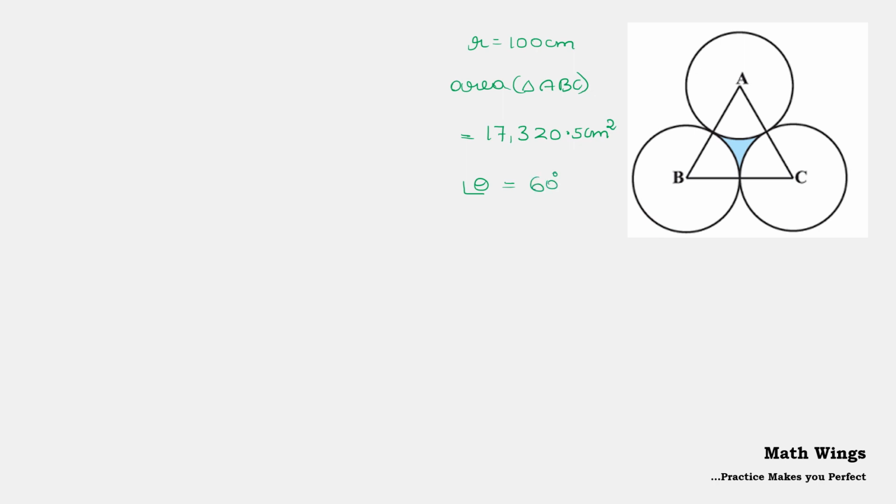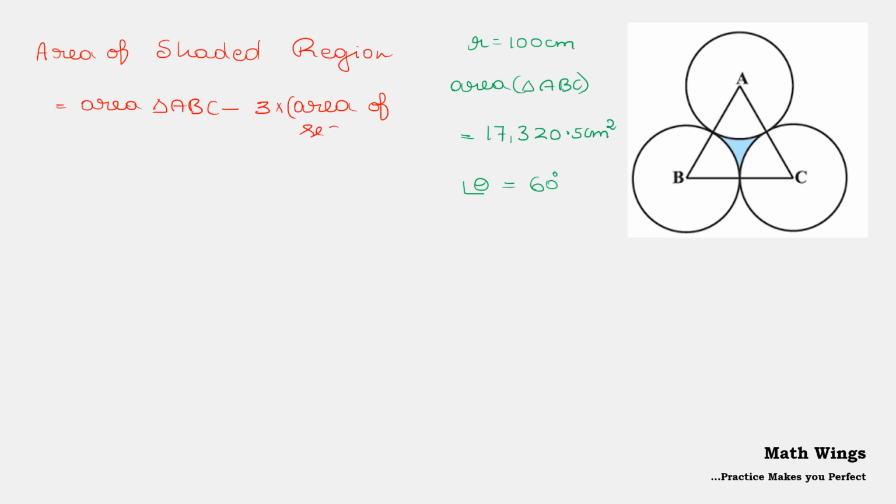Now, what's the area of the shaded region? Area of the shaded region is equal to the area of the triangle ABC minus 3 times the area of a sector with theta equal to 60 degree.